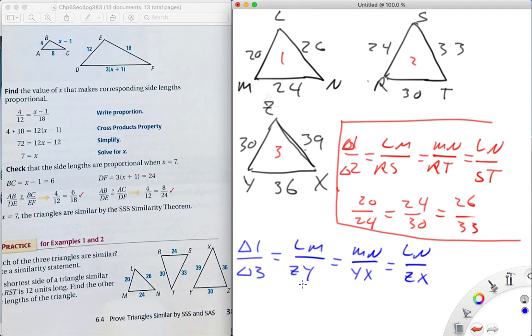So this is 20 over 30, 24 over 36, 26 over 39.